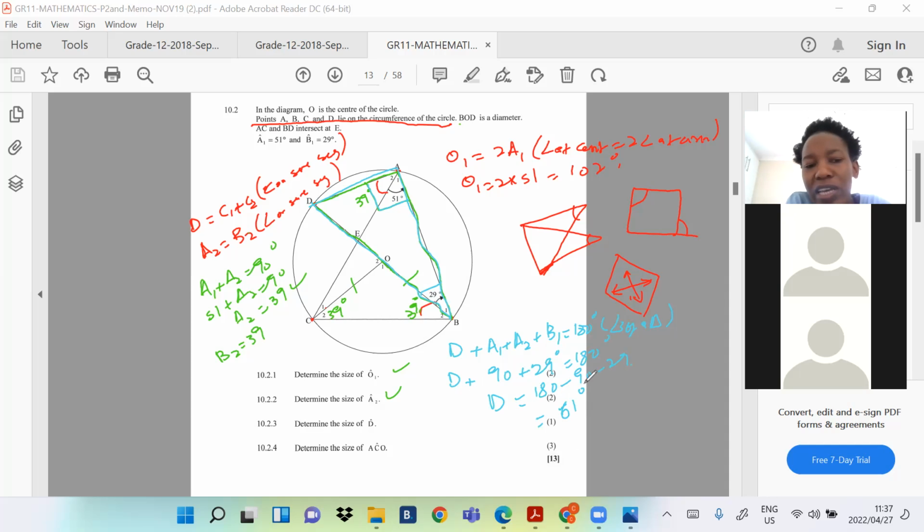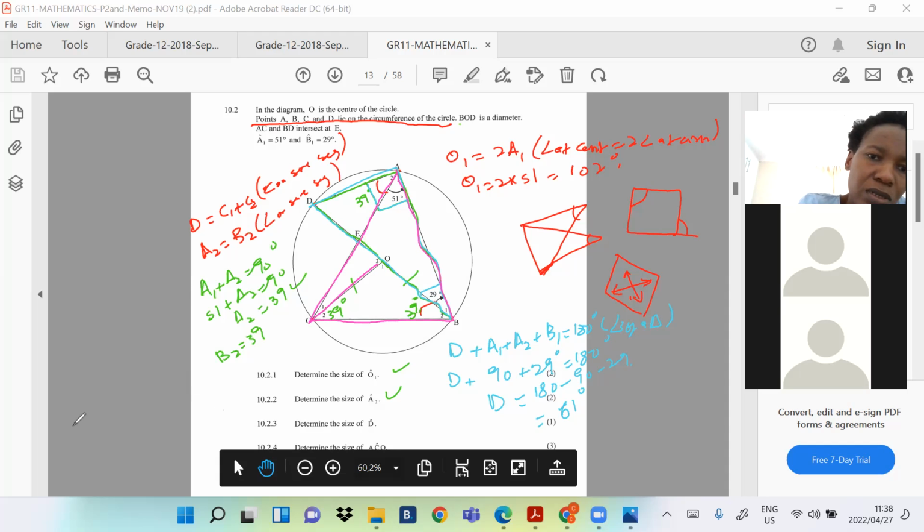Then what else do they want? Determine the size of ACO. What is ACO? Let's see where that is. It's pink. ACO, that's C1, right? So how do we get that one? It's inside this big triangle.